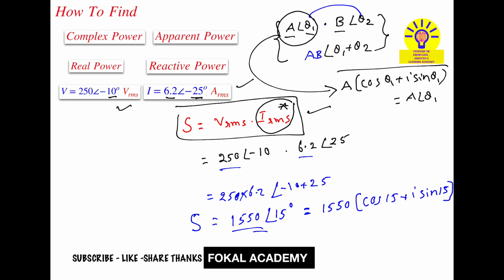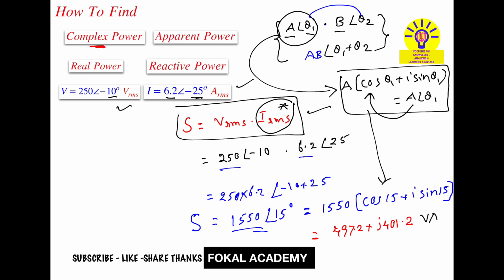This is the relation for converting phasor form to complex number. Now by further simplification we get 497.2 plus j 401.2. The unit for complex power is volt ampere. So this is the complex power in complex number form and in phasor form.